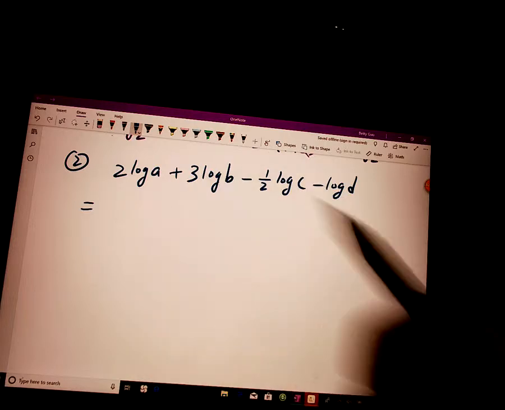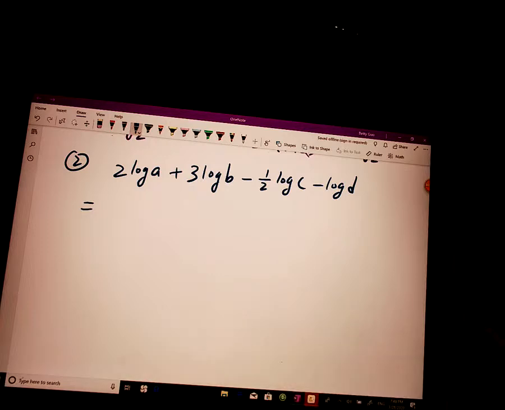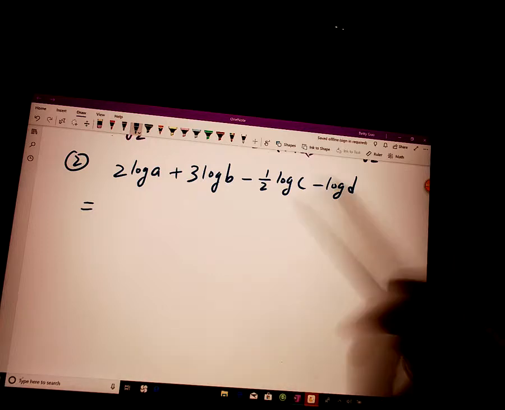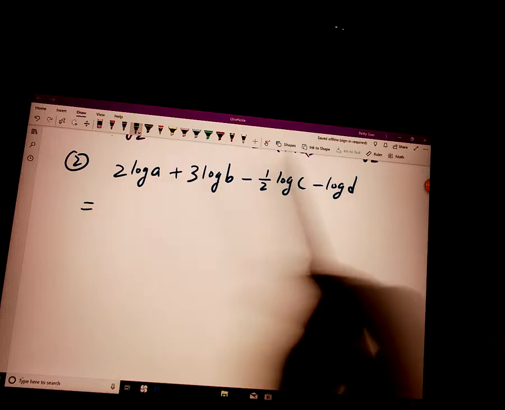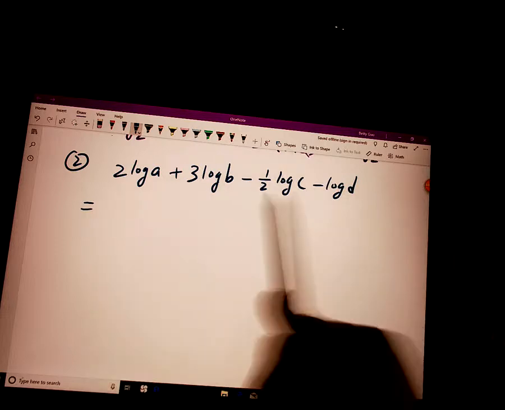So firstly, this is what I'm going to do. Firstly, I'm going to get rid of all the coefficients.